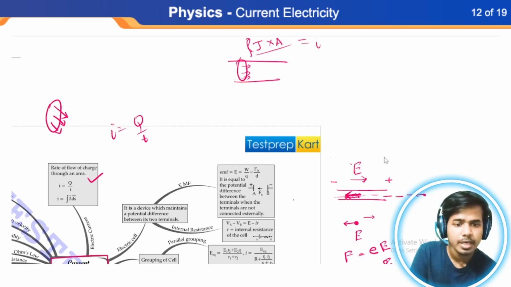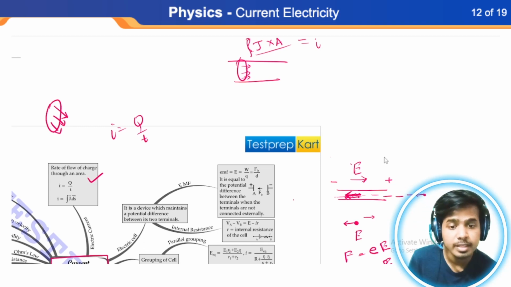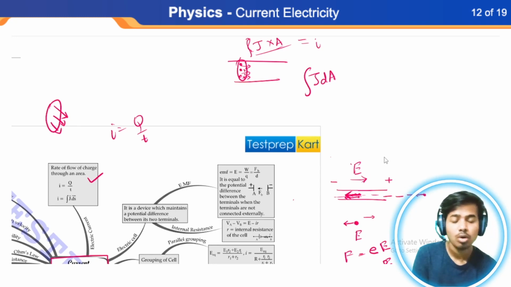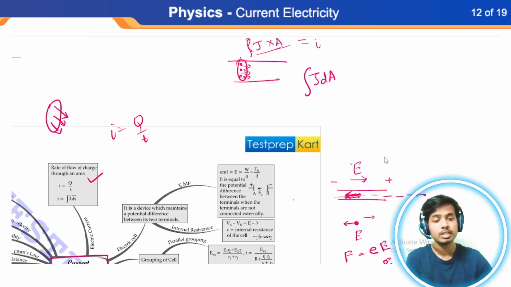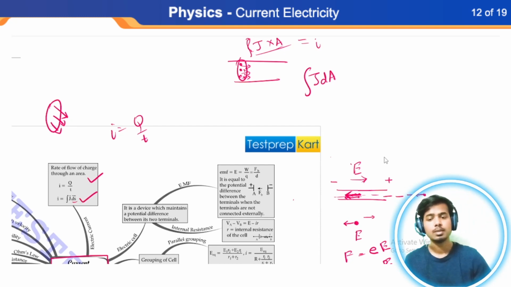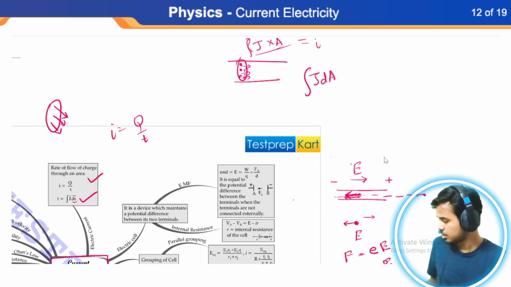That should be equal to current, but it may be a non-continuous area, so I can't directly multiply it. I'll have to use the J dA integral for individual areas. What are the small currents or current densities which are passing, and that will give you the total current. I believe this is the same thing that is there. It is just dS and I have used dA, but they are both referring to the area only. All right.